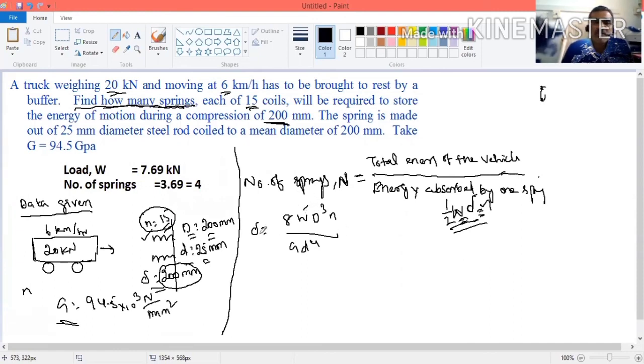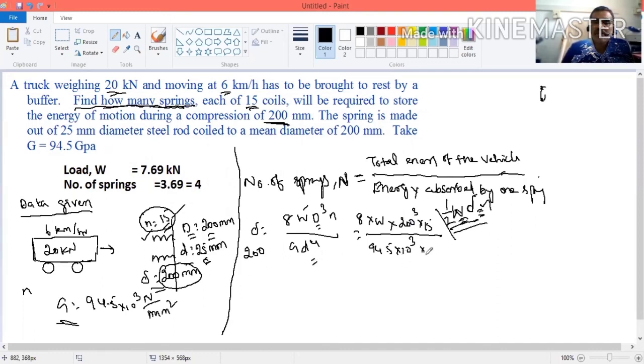So now here you substitute delta. Delta is given, 200. What is W? We have to calculate. Capital D is given 200 millimeter, so 200 cube. Number of coils is 15, divided by G. Modulus of rigidity is 94.5 into 10 power 3, multiplied by d power 4.